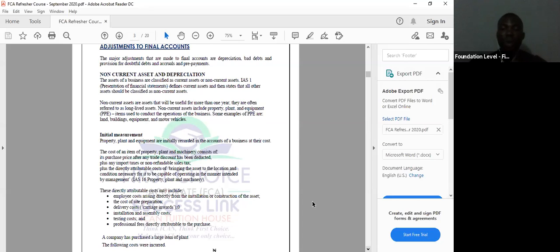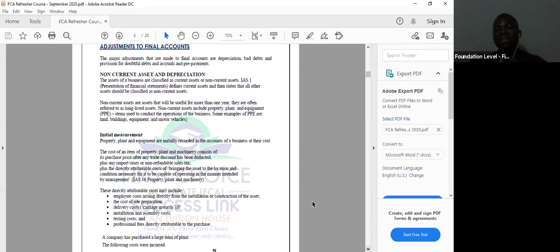Then the next one is that I'm going to incur customs clearing. That customs clearing is also part of the cost of the motor vehicle, and it will be added to it. Also, the cost of bringing it from that clearing point to the company will be added to it. After I have all this, I'll add everything together.